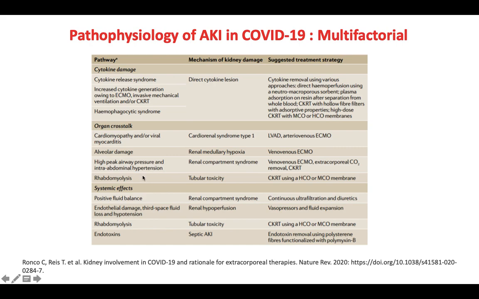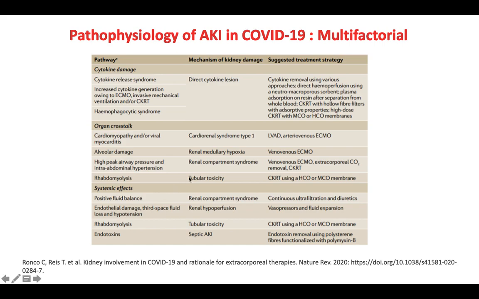One more theory proposed is that many patients with COVID-19 presented with skeletal muscle injury with a rise in CPK value. That is because of rhabdomyolysis, which causes tubular toxicity also. One more important part of this pathophysiology is the systemic effect. It may be aggressive initial fluid balance, which leads to accumulated positive fluid balance with breach in the endothelial glycocalyx, and it can also lead to renal compartment syndrome, which decreases the renal perfusion.